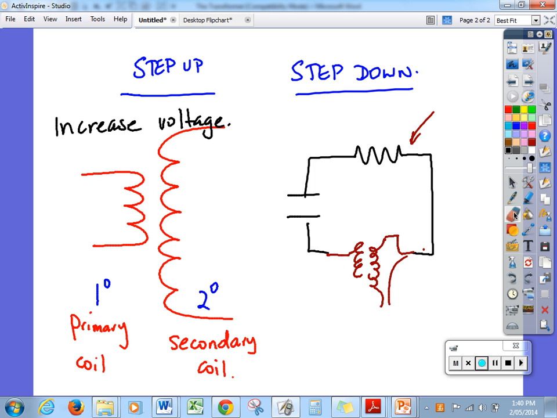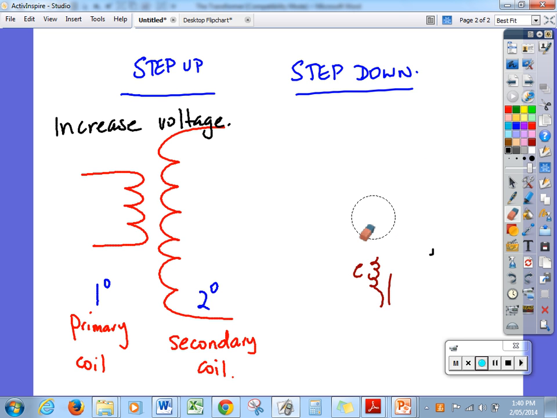Now what does it do? If I apply, say, 10 volts to the primary coil, I get a higher voltage in the secondary coil, say 40 volts. So the increase of voltage occurs. If this is a times 4 voltage, then something else has to decrease by a factor of 4, because we can't just create or destroy energy.